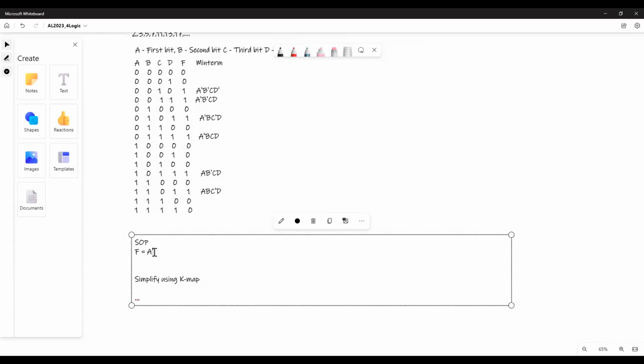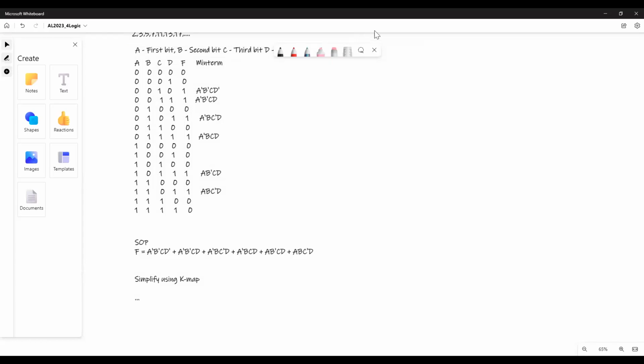So here is what we have: A dash, B dash, C, D dash plus A dash, B dash, C, D plus A dash, B, C dash, D plus A dash, B, C, D plus A, B dash, C, D plus A, B, C dash, D. 1, 2, 3, 4, oh yeah, we have 6 terms, right? Now we are supposed to draw the Karnaugh map.